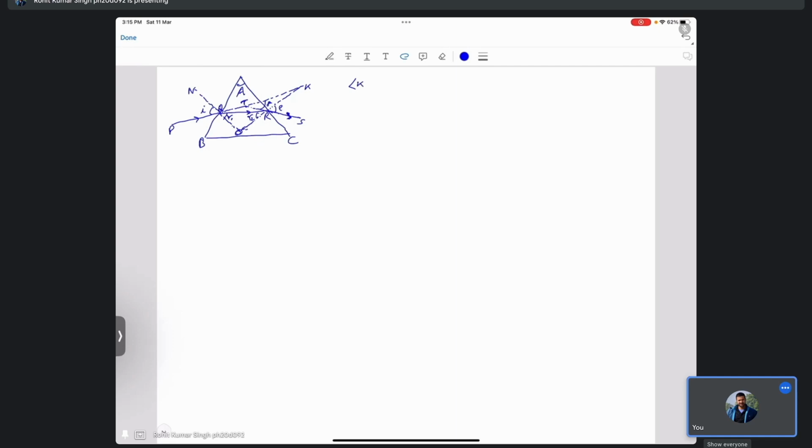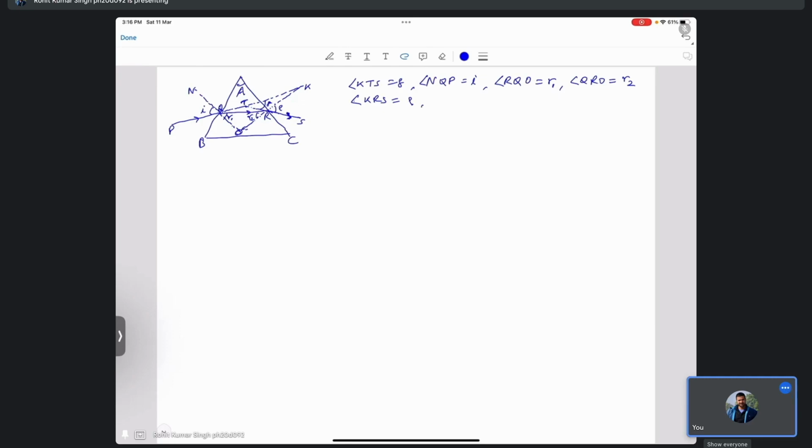So angle KTS is your angle of deviation. Okay, I'll write out all the angles. Angle NQP is your angle of incidence, angle RQO is R1, angle QRO is R2, angle KRS is the angle of emergence.